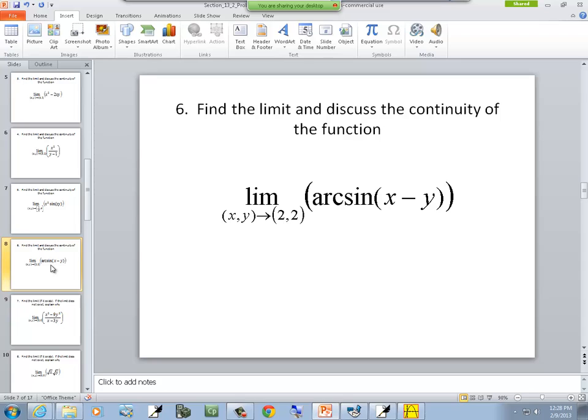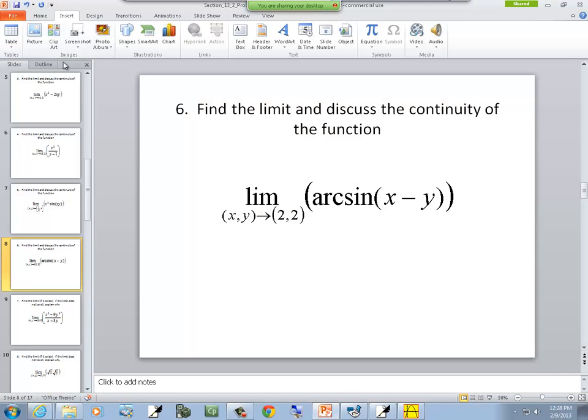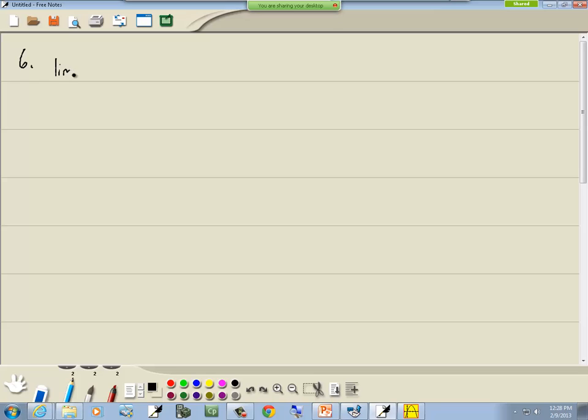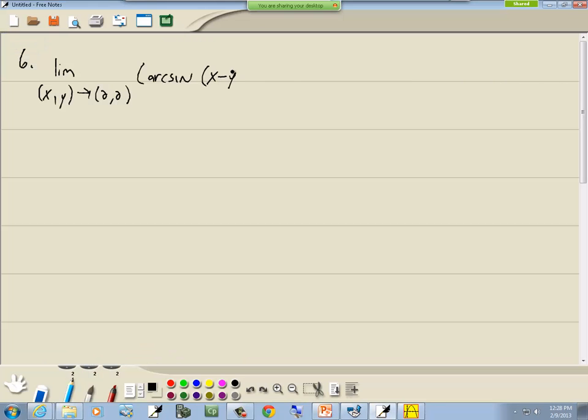And let's take a look at the next one. It says find the limit and discuss continuity of the function. Limit as (x, y) goes to (2, 2) of arcsine of x minus y.